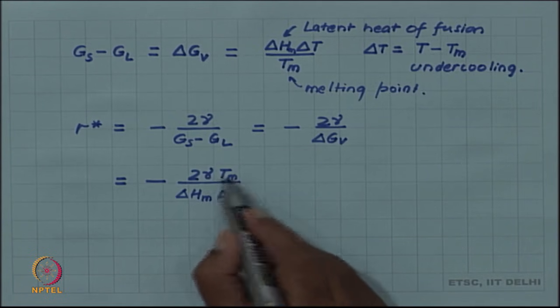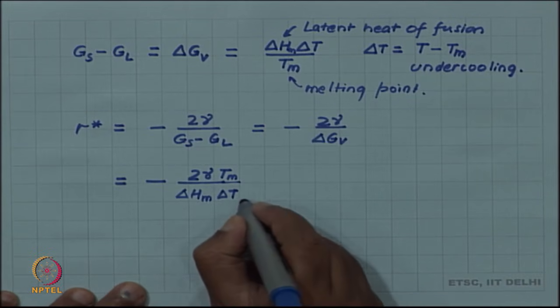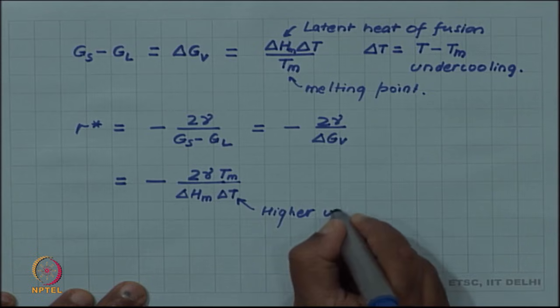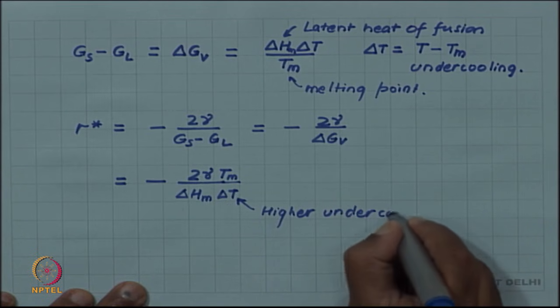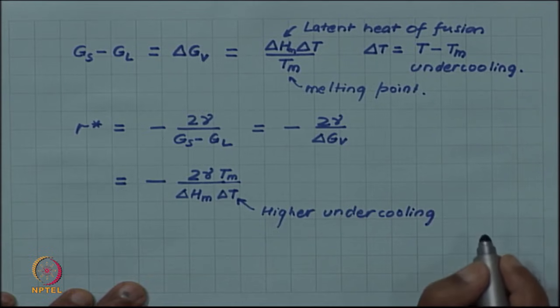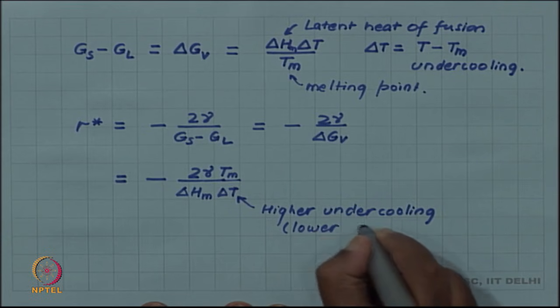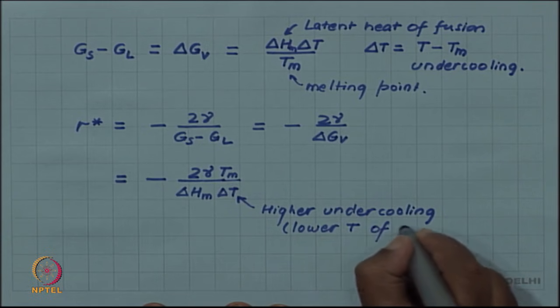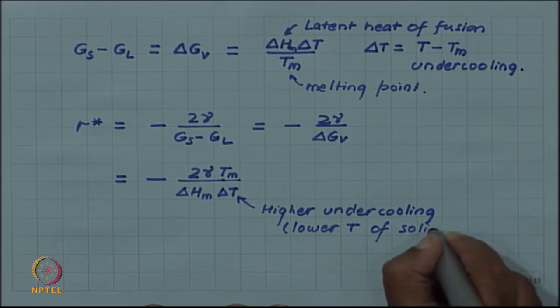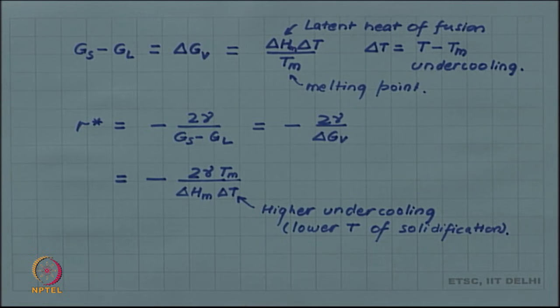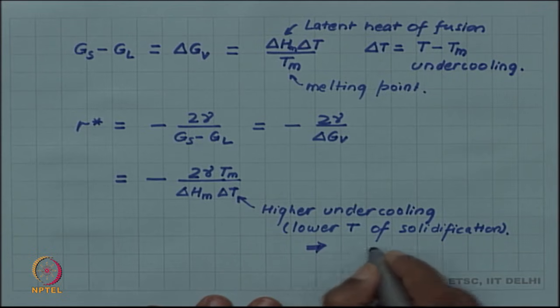For the moment, if we neglect the variation of gamma, then we can see higher undercooling, which means lower temperature, will imply a smaller R star.